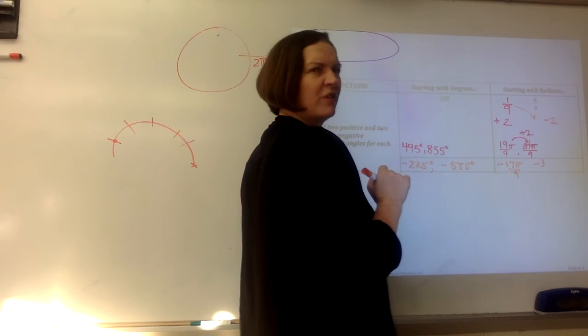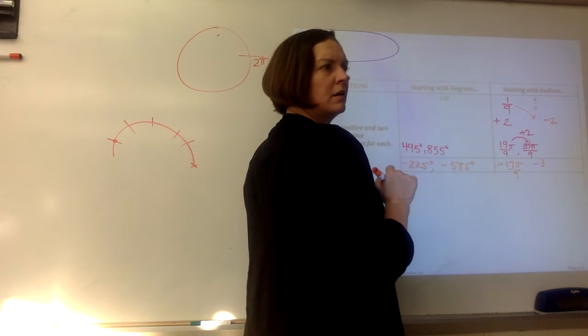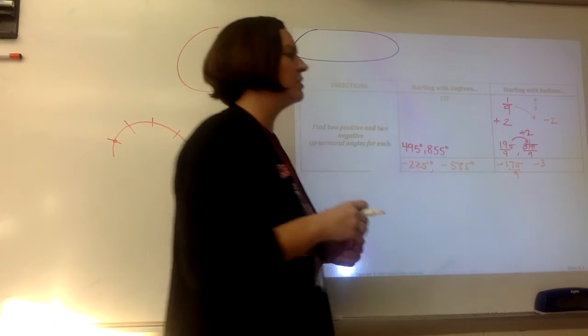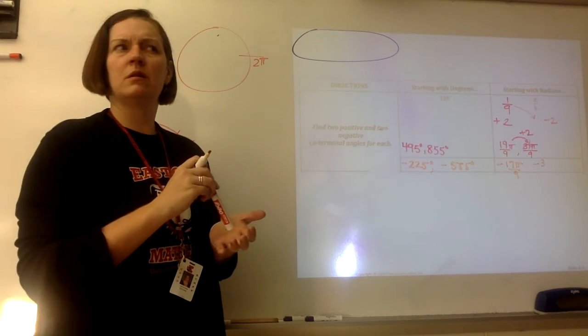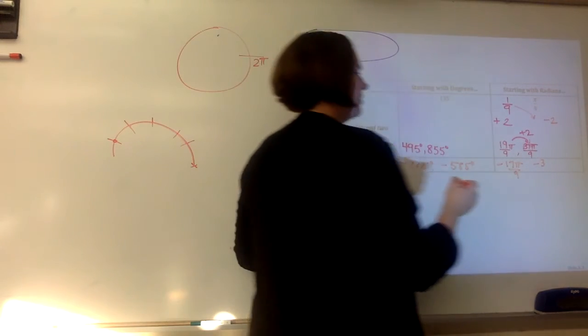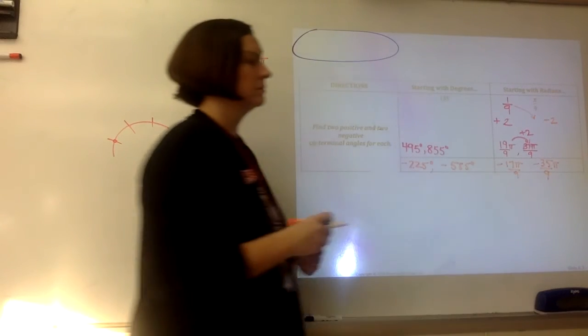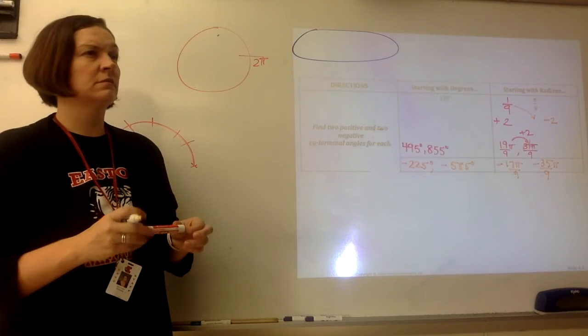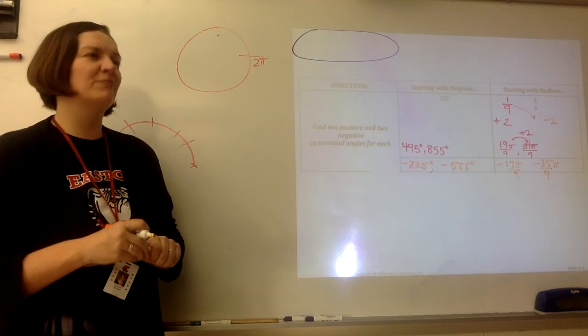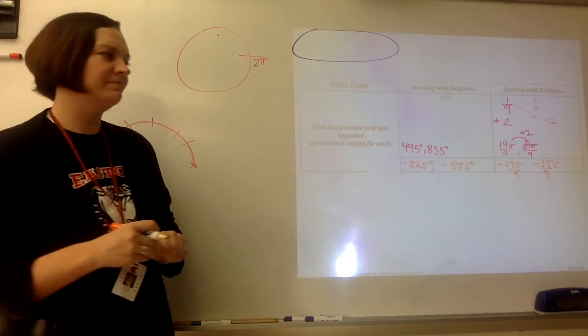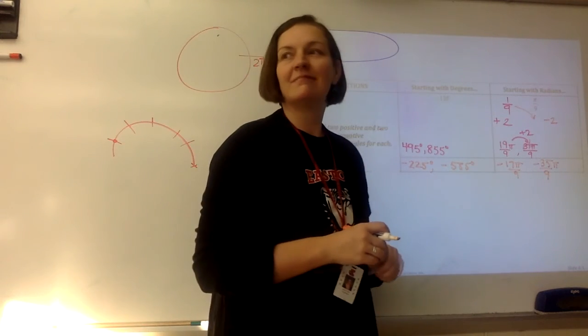Is it 35 or 37? Negative 17 over 9 minus 2. Negative 35 over 9. Oh, yeah, that's right. 7 plus 8 is 15. Yep.